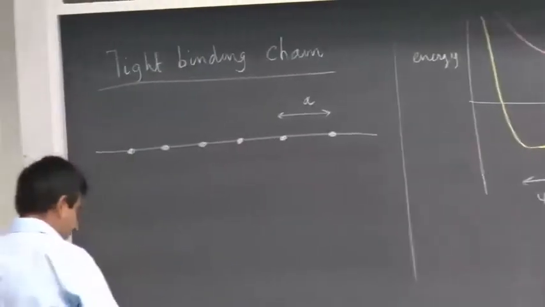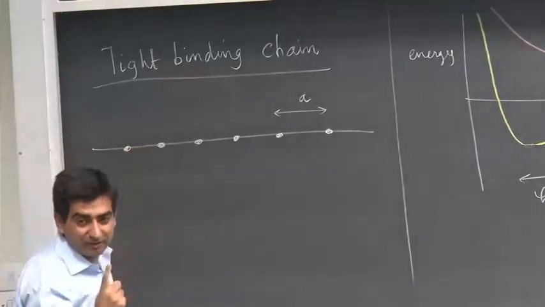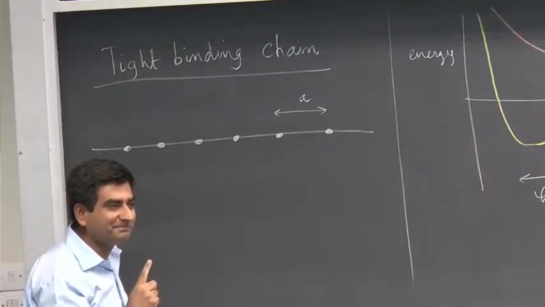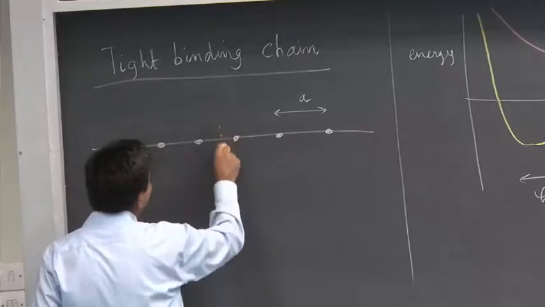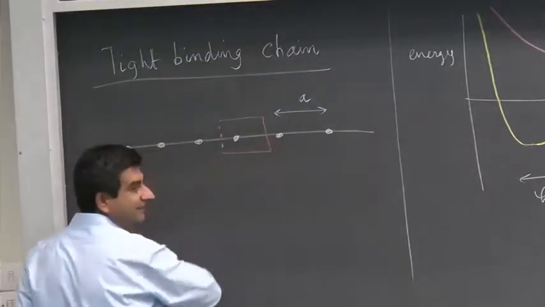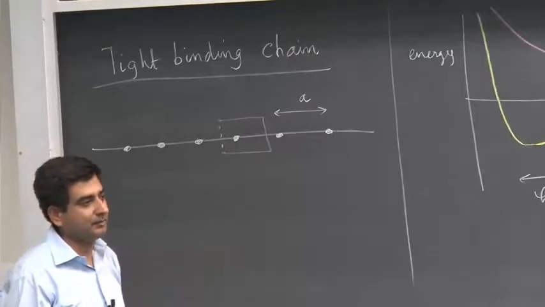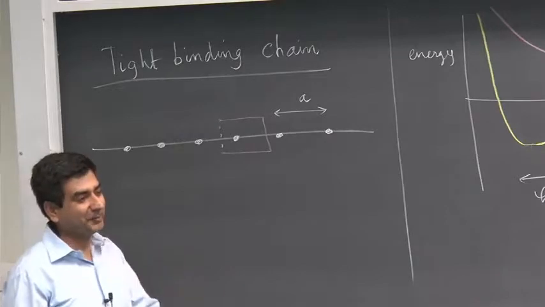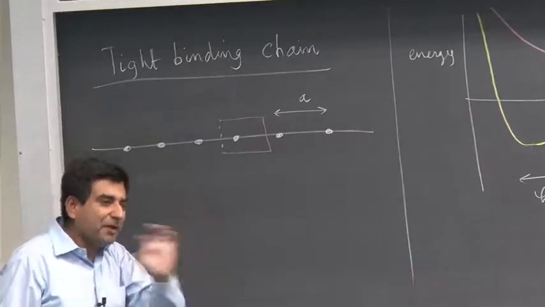And associated with each atom, I suppose there is only one orbital. One orbital per atom. And my unit cell is this. There is 1 point per unit cell. One orbital per lattice point, or one orbital per atom, and one electron per orbital.